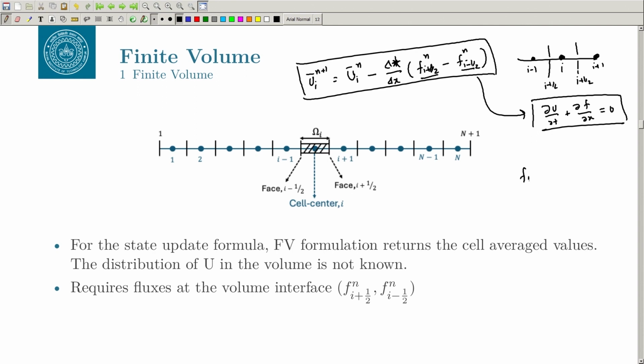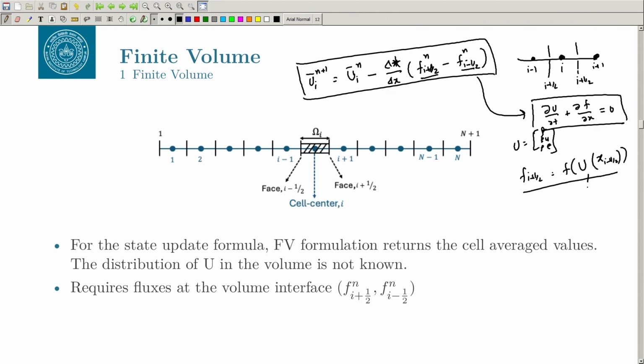So, f I plus half is nothing but f calculated using the value of u. If it is the Euler equation, u is basically rho, rho u and rho e in the conserved variable form. So, this is f evaluated at x I plus half.